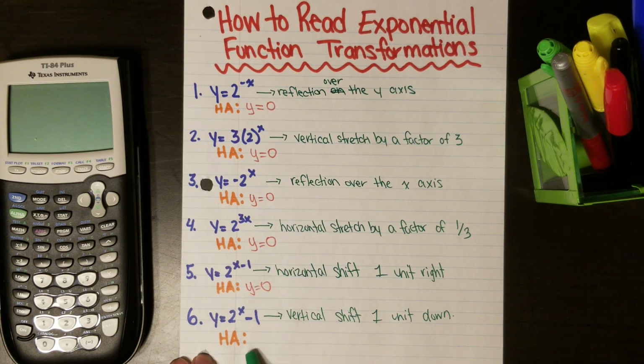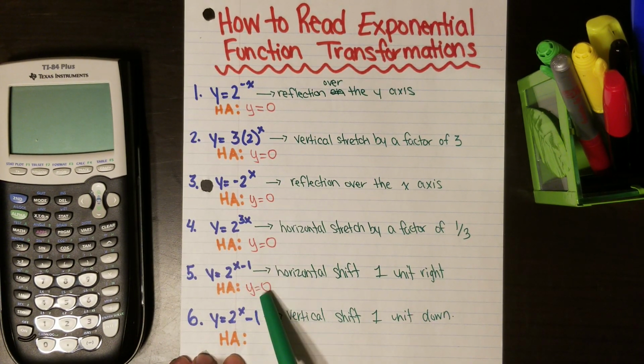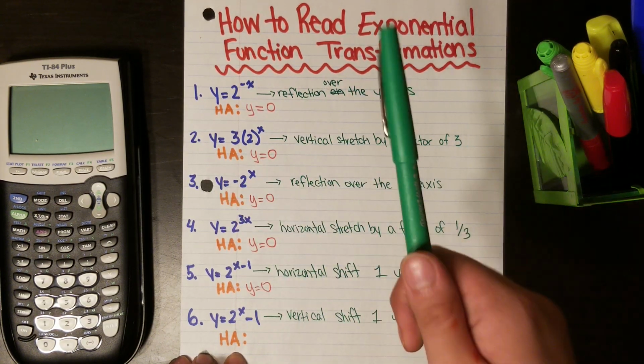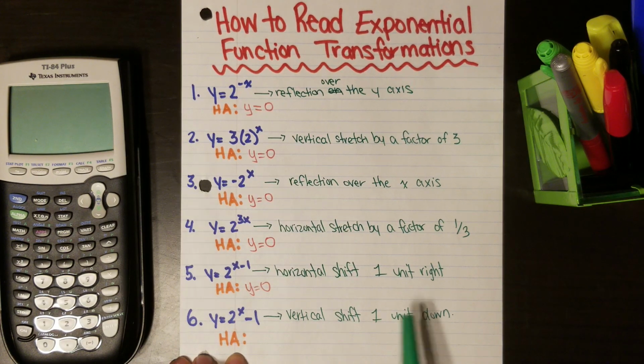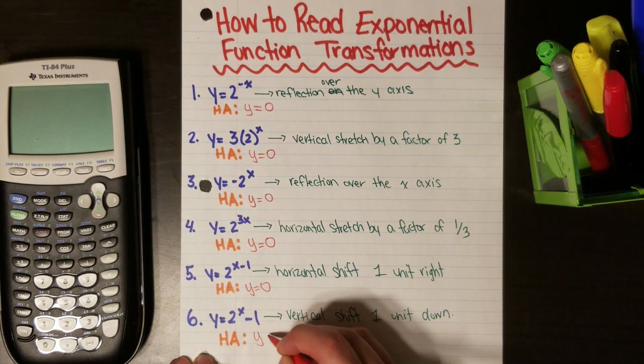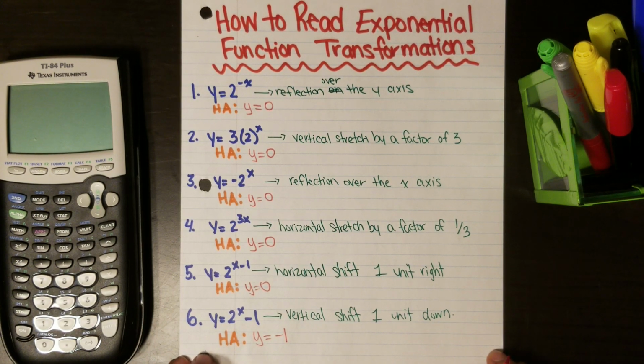Okay, and now let's look at our horizontal asymptote. Something's going to change here. For any basic exponential function, you have an asymptote at y equals 0, unless there's a vertical shift. And in this case, there is a vertical shift, and it's 1 unit down. So if you had a horizontal asymptote at y equals 0, and you shift it 1 unit down, now you're going to have a horizontal asymptote at y equals -1. And so in this case, your asymptote changed.